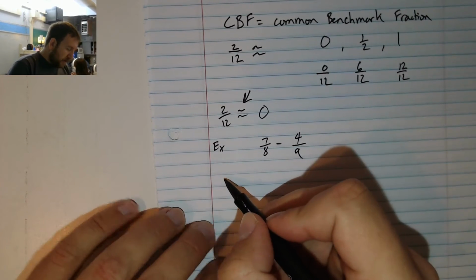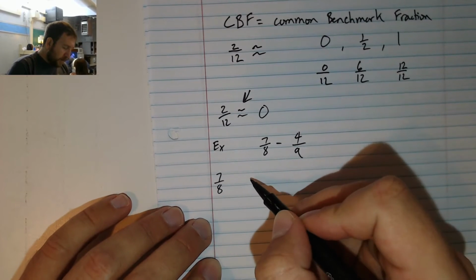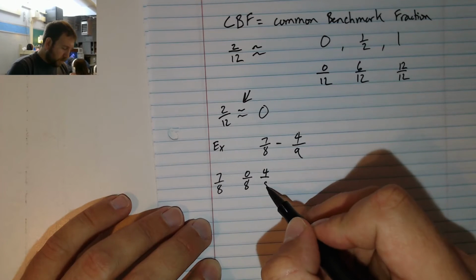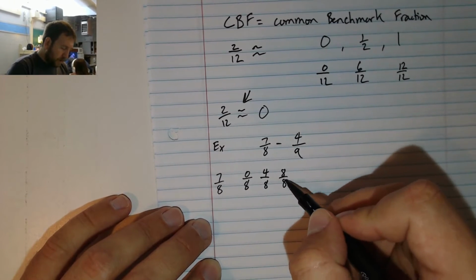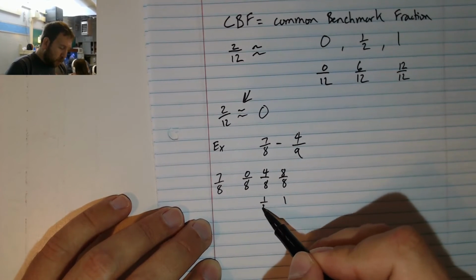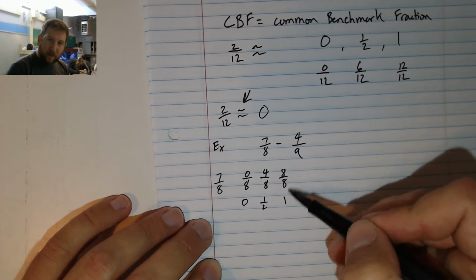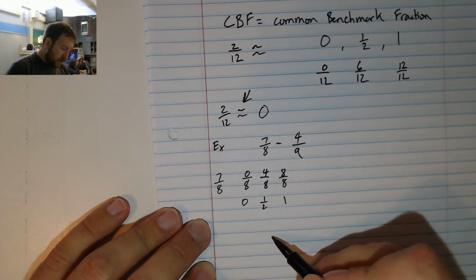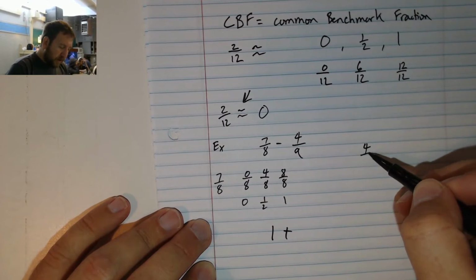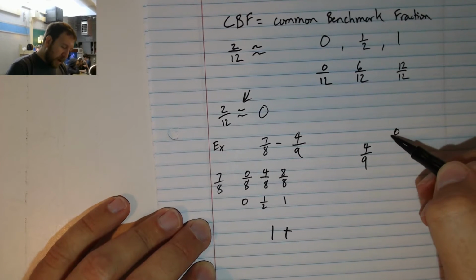So 7/8. If I was going to take 7/8, I would look, is it closer to 0/8, 4/8, or 8/8? Well, 7 is definitely closest to 8, and this would be the 1 equivalent in my little fraction. So I can turn the 7/8 into a 1. My 4/9. Okay, let's look at 4/9. I could have 0/9.